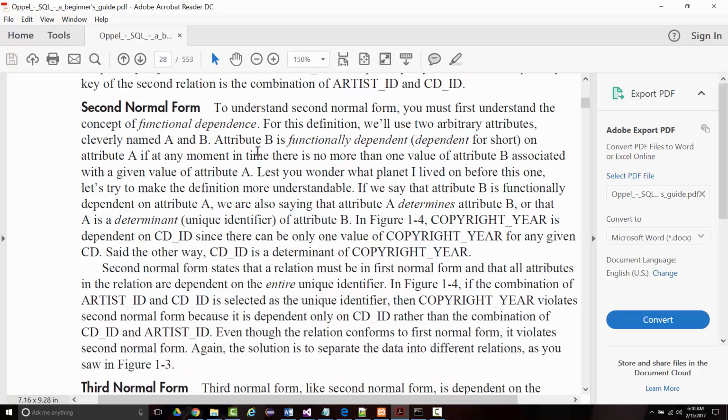All right. If you're in first normal form, and if your primary keys are a single field, you're probably already in second normal form. Second normal form implies that you are in first normal form. But second normal form deals with what's called functional dependence.